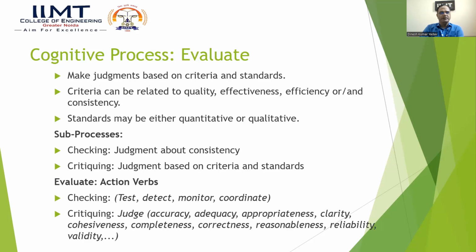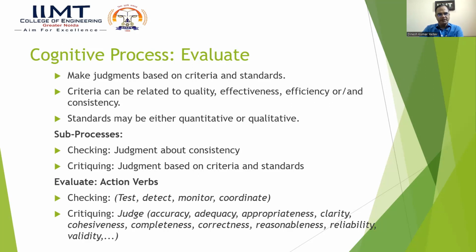Next we have evaluate. In the cognitive process of evaluate, we have to be able to make judgments based on certain criteria and standards. Those criteria can be related to quality, effectiveness, efficiency or consistency.